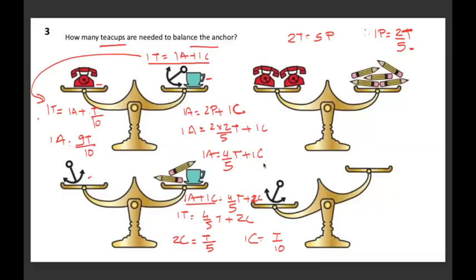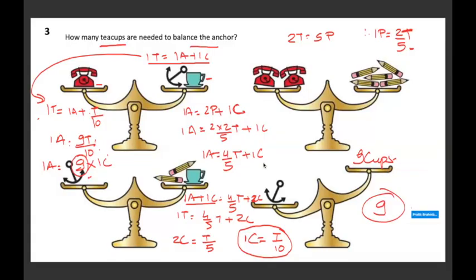And along with that, we also know that one cup is equivalent to telephone by 10. So if I put the cup value t by 10 here, one anchor will be equal to 9 into t by 10, which is 9 cups. So 9 cups will balance the equation. The correct answer is 9.